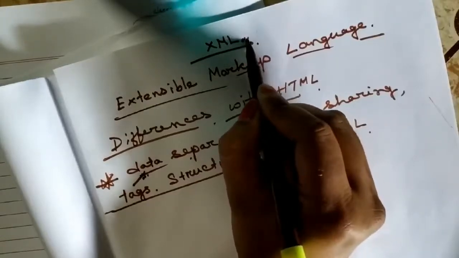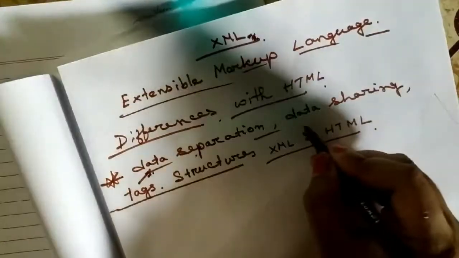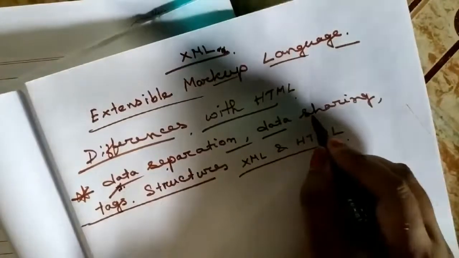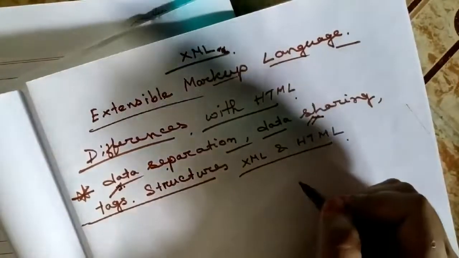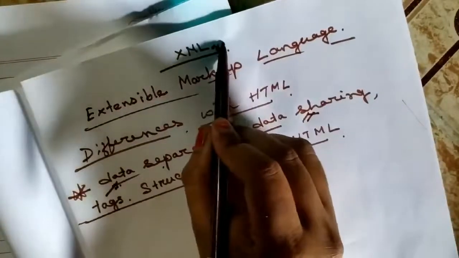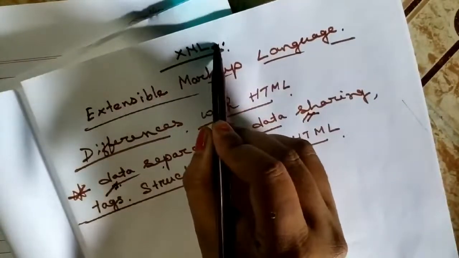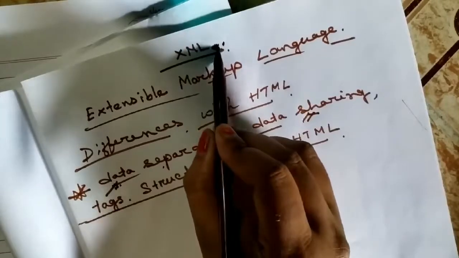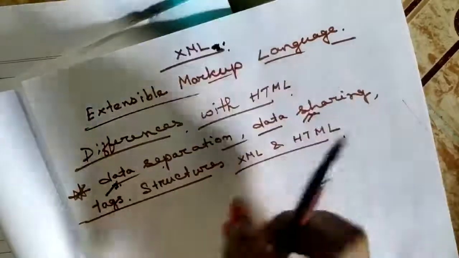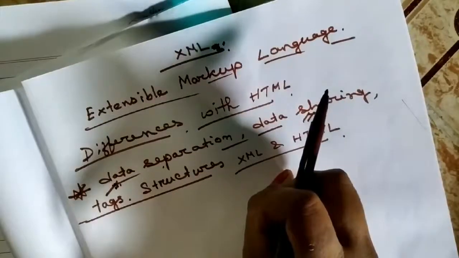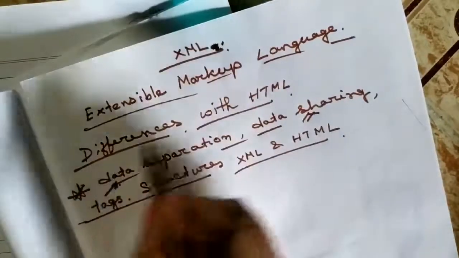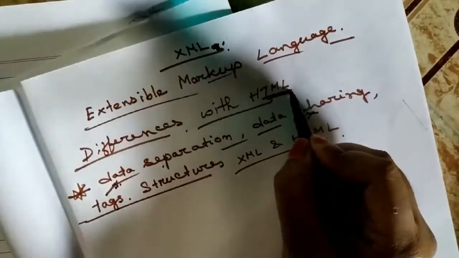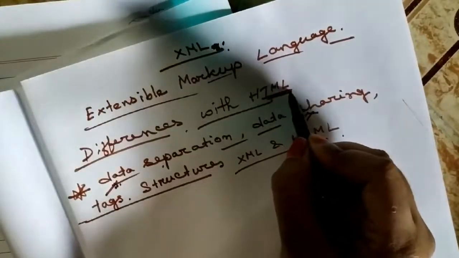Next, data sharing. In XML, data can be stored in plain text, and it can be read in different applications also. But in HTML, data is a part of the HTML document. It is not stored separately.